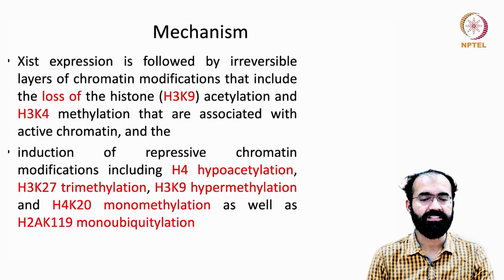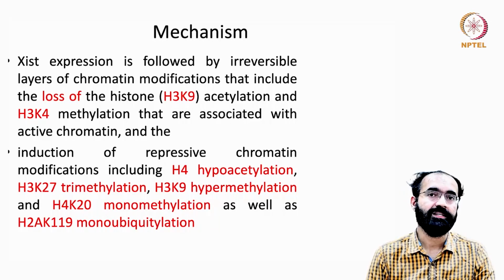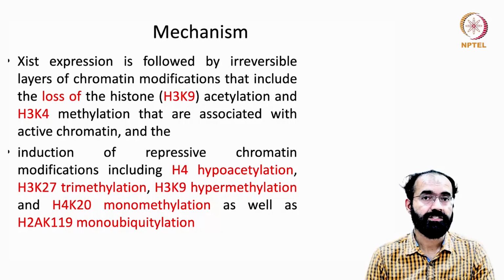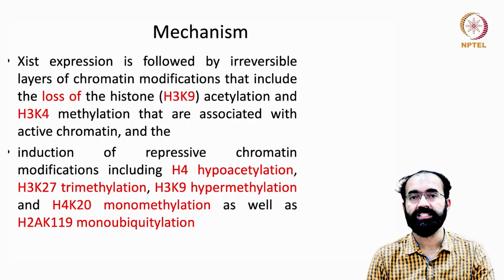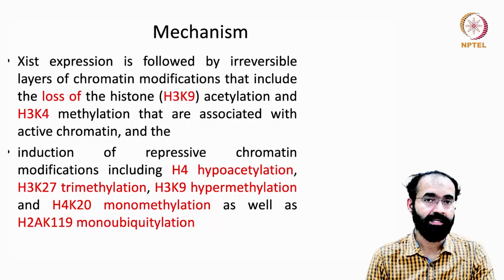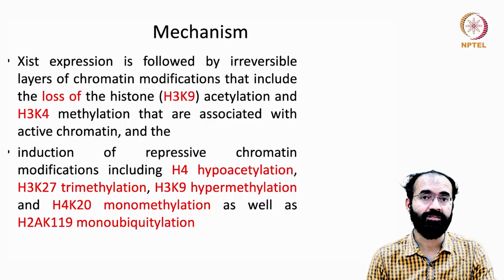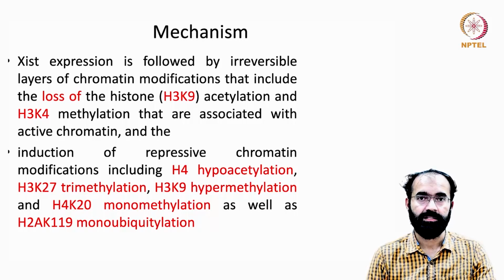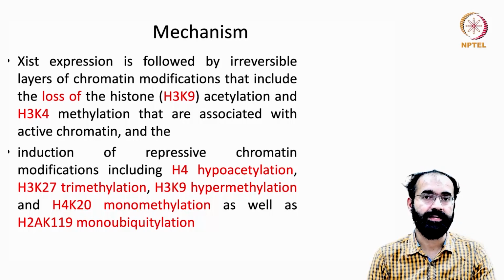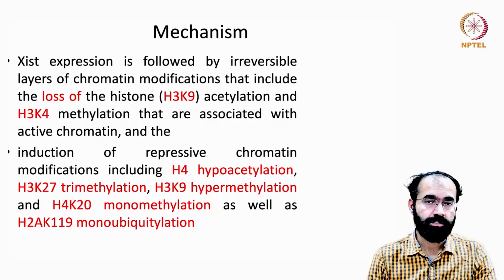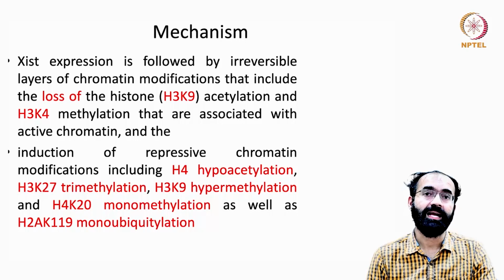So what we should understand is that when this Xist coating has happened, it will decrease the loosening of chromatin. That means any modification that will loosen the chromatin, it will decrease it, and any chromatin modification that will accelerate the compaction, that will make the chromatin dense or very tightly bound, that will be accelerated.